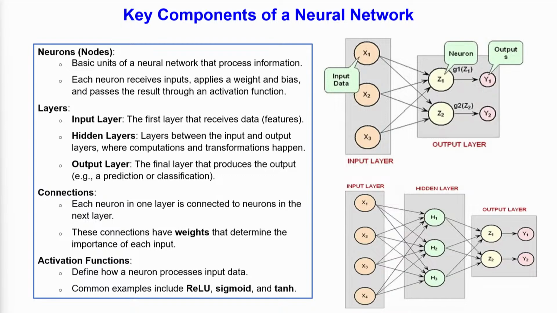You have the input layer, the first layer that receives data, which we normally do not technically consider as a layer, but it is termed as a layer. Hidden layers are between the input and the output, you see in the second diagram, where the computations and transformations happen, and the output layer is the final layer that produces the output.